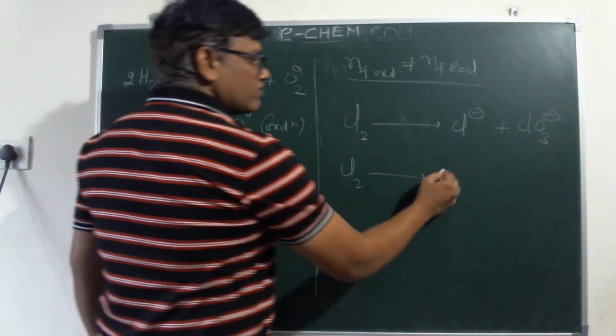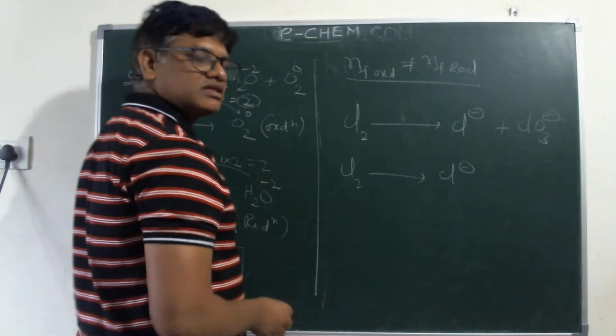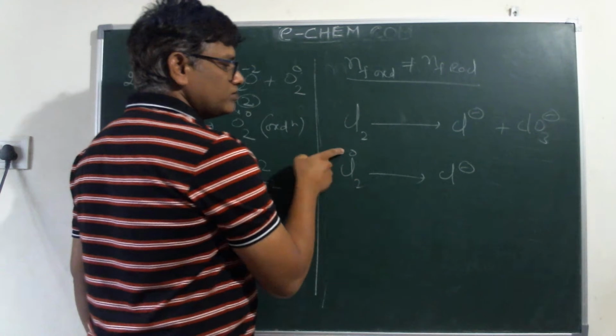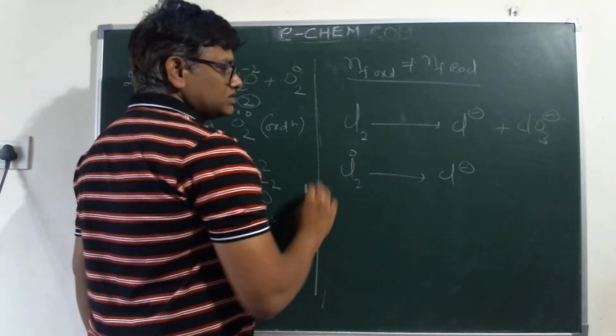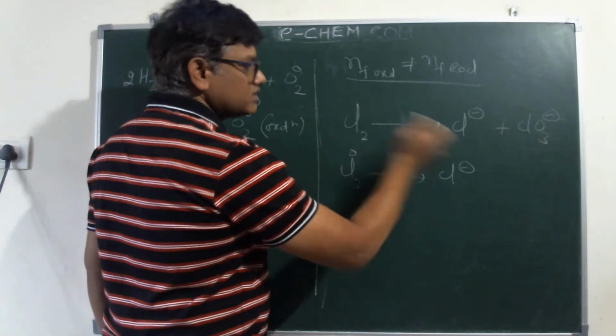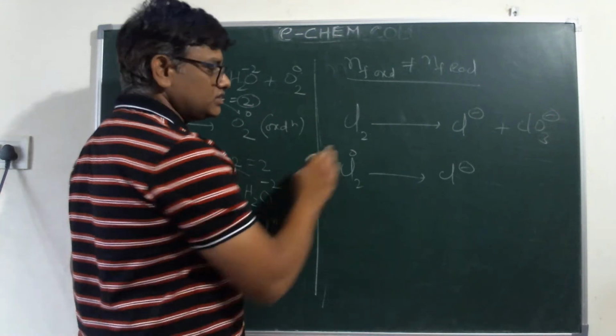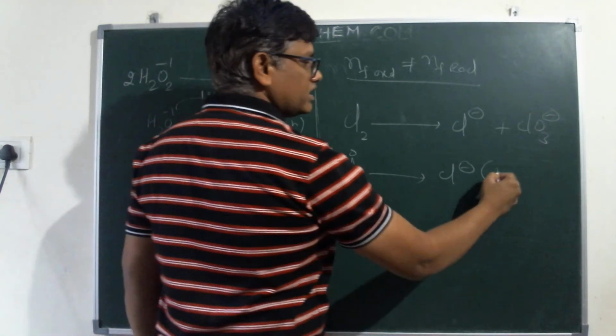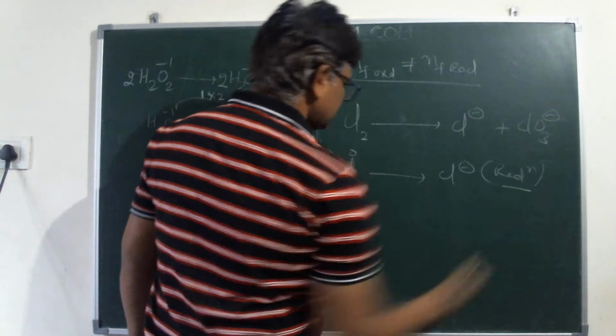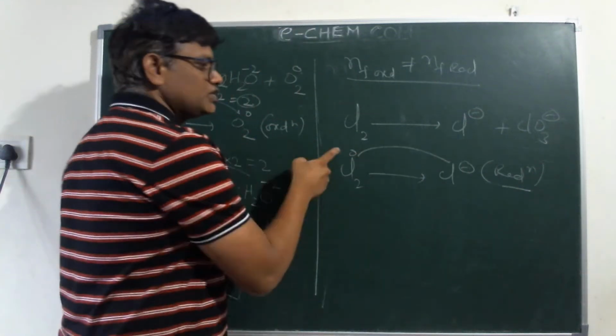Cl2 is converting into Cl minus. This is a half reaction, changing from 0 to -1. Is the oxidation number increased or decreased? It is decreased, 0 to -1, so this is a reduction. How many units changed? 1 unit.